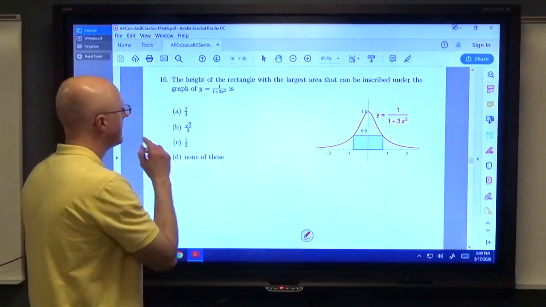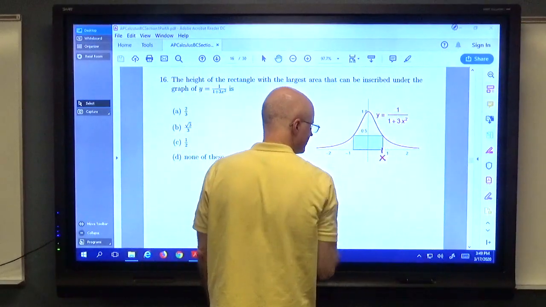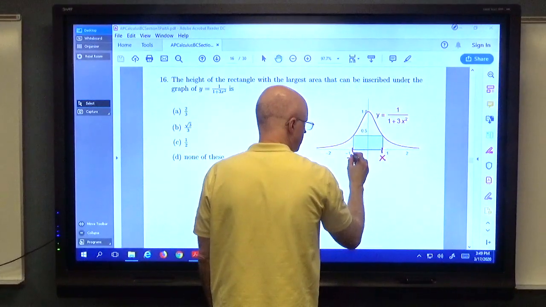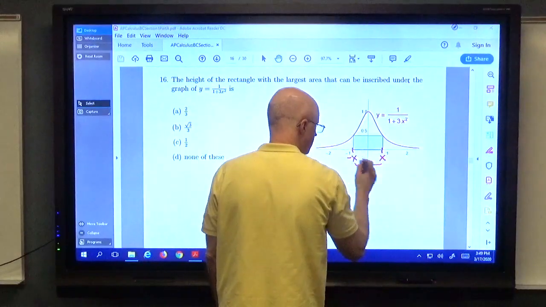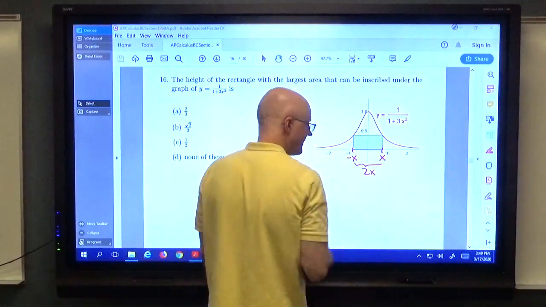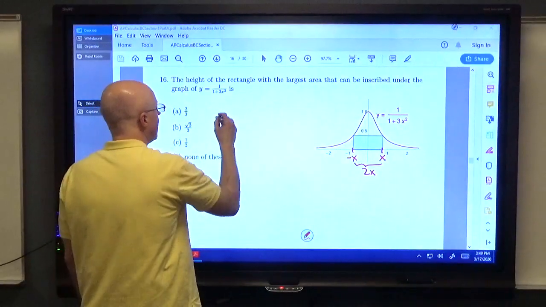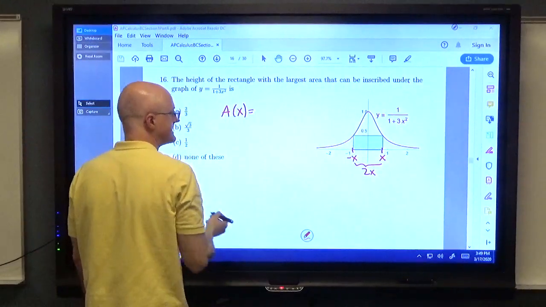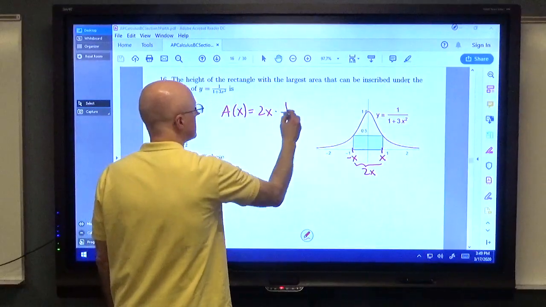We should probably call this value just an arbitrary x, which would mean this number here, since this rectangle is centered at 0, would be -x. And that would mean the length of the base is 2x. That seems relevant. And that allows us to find the area of the rectangle as a function of x, base times height. 2x times this function.